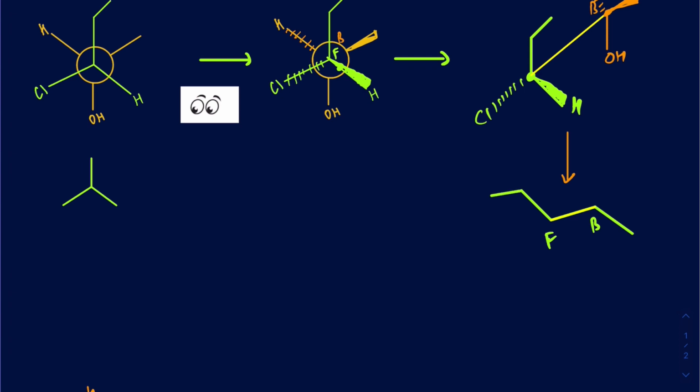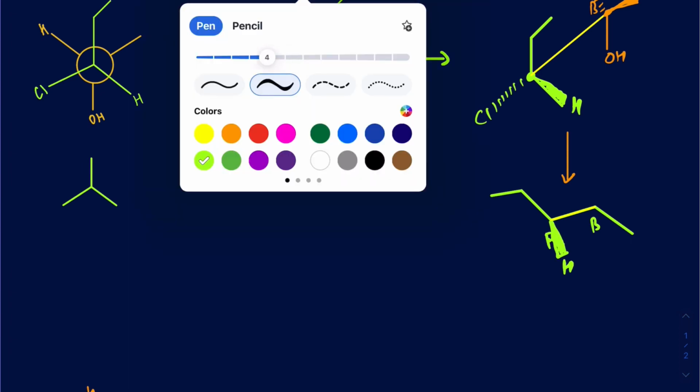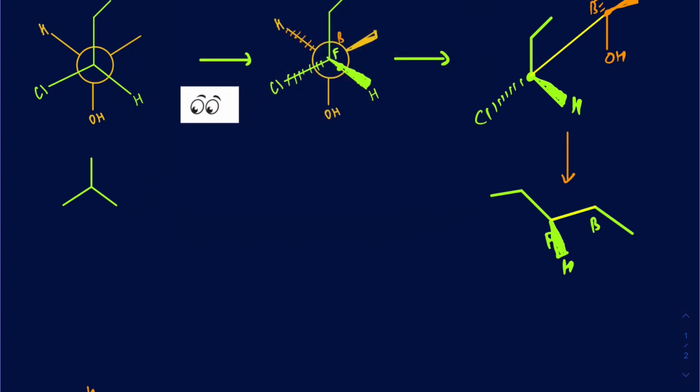So that's this alcohol group right there, pointed up. And then I also have the hydrogen that's going to be coming out of the page, so I'll have it something like this, and then I would have the chlorine going back in the page. And on the back carbon, I can clearly see that we have this OH that's literally opposite to the alcohol group and needs to be pointed down. So that would be right here.